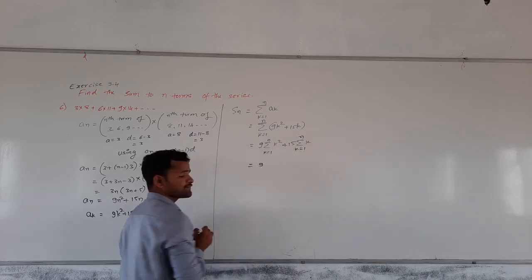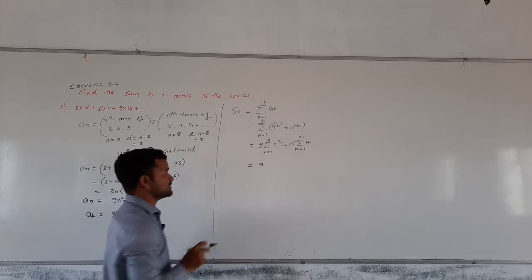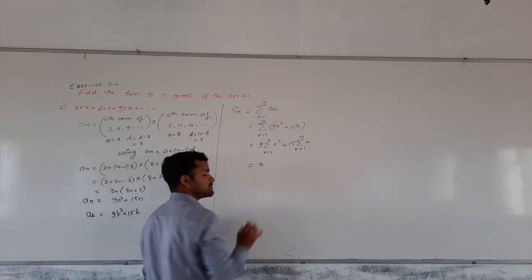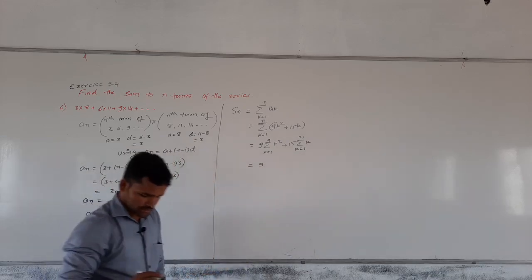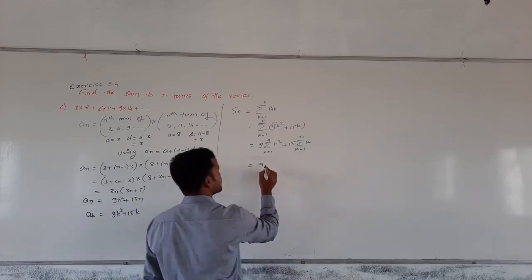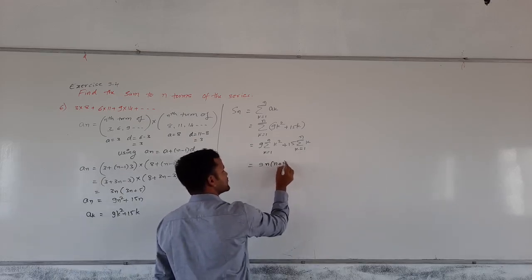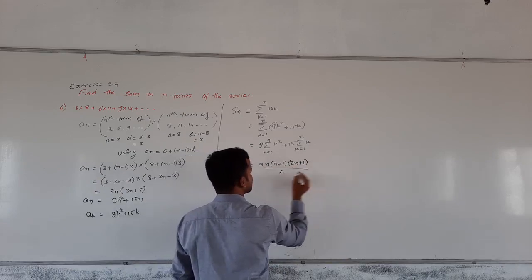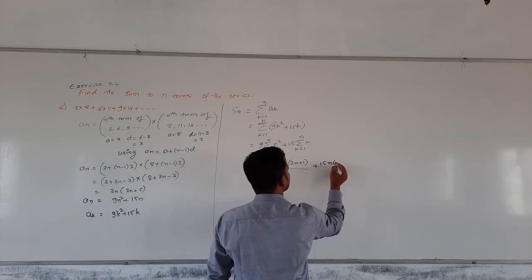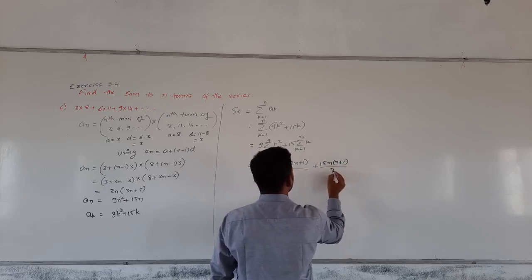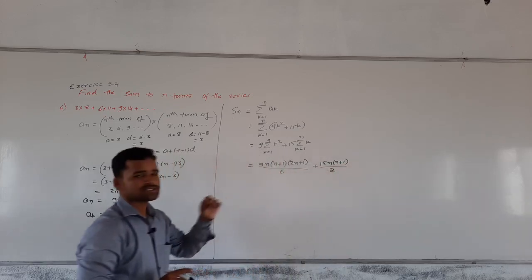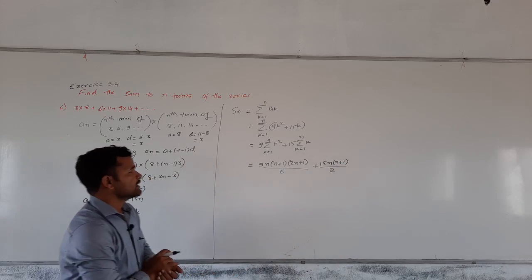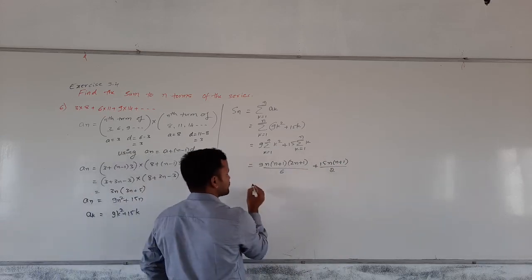What is summation of k square? It is the sum of squares of first n natural numbers, and this formula we know: n into n plus 1 into 2n plus 1 divided by 6, plus 15 into n plus 1 by 2, because it is the sum of first n natural numbers formula.